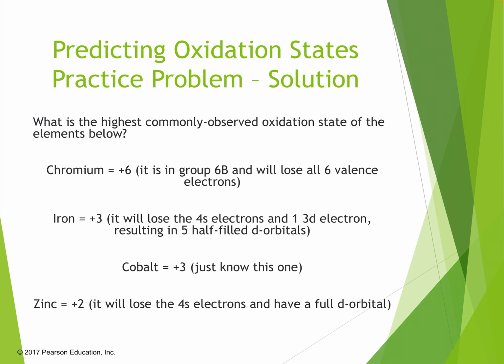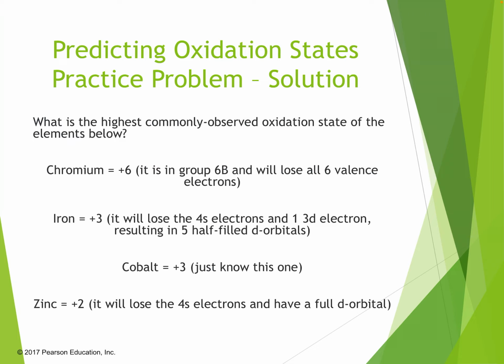Okay, so chromium is going to be +6. It's in group 6B, right? It's the fourth one over in that first row of transition metals. So it will lose its 4 D electrons and its 2 S electrons. It's going to lose all 6 of those and form a +6. Iron is going to form a +3.